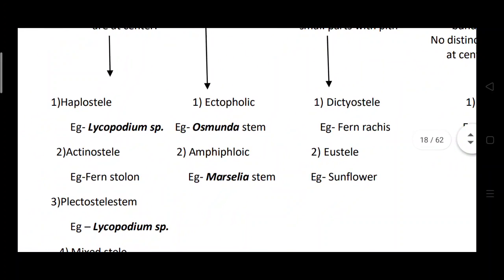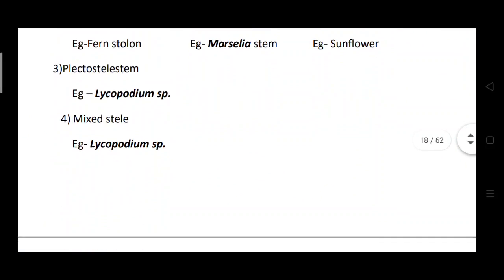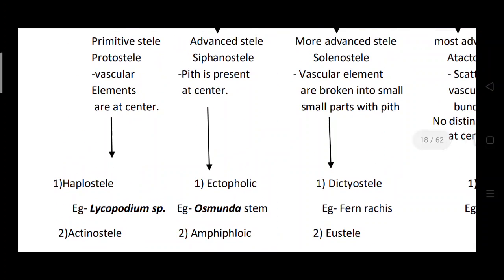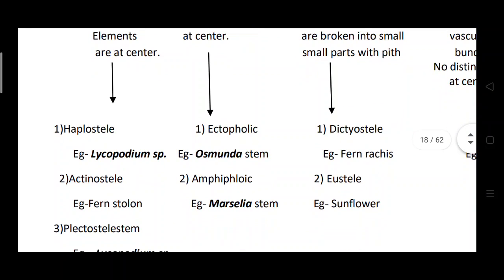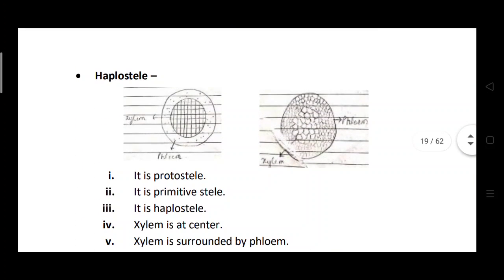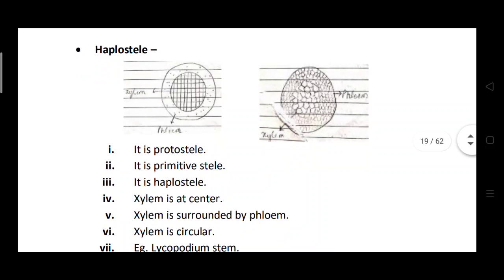So we have discussed them in detail one by one. First of all, we discuss the protostele, that means the primitive stele, in which the vascular elements are present in the center. The first type of protostele is the haplostele.